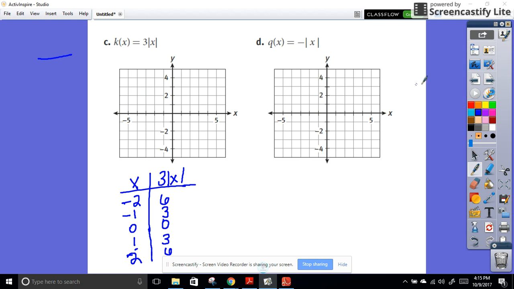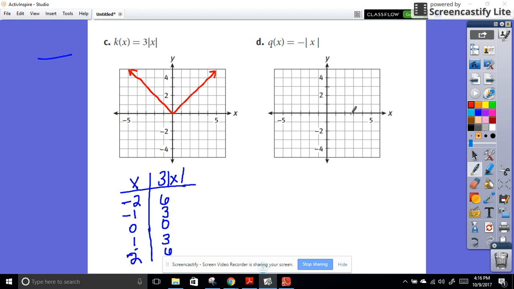So I'm going to go back over here and put the parent function in one color. And you should probably be doing this too, using 2 different colors so you don't get them confused. You can use colored pencils, or you can use a pencil and a pen, or you can use 2 different colored pens. Okay, there's the parent function. Parent function goes through 0, 0, and it goes rise over run 1, rise over 1, -1.